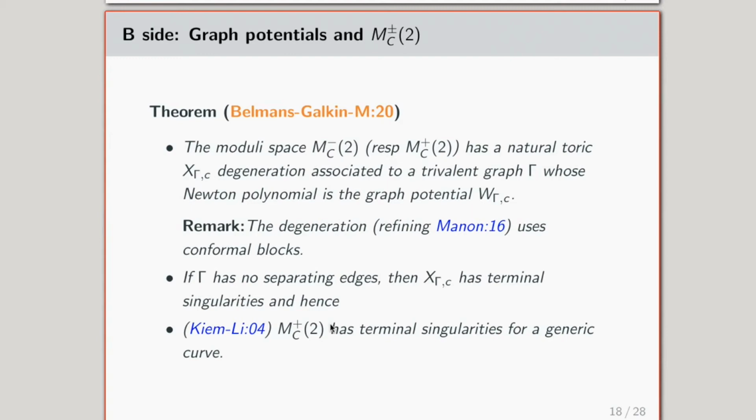So I'm going to explain a little bit of that towards the end, but the first theorem that we do geometrically to get the graph potential is the following. So we take the moduli space and then we construct a degeneration, following Christopher Manon's earlier work, to a toric variety associated to a trivalent graph.